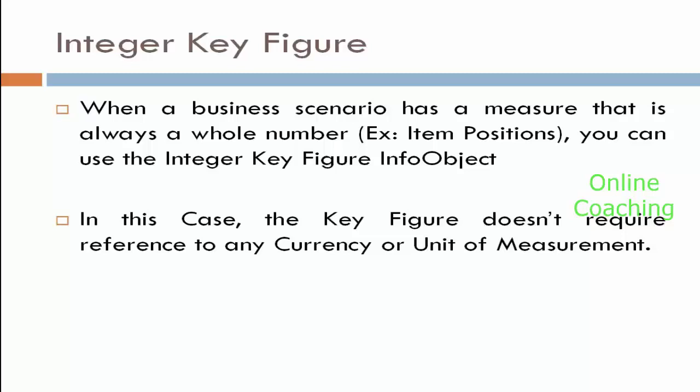But numbers don't have to be whole numbers. If you take a bank interest rate, it will be 7.5%. It is not a round figure, not a whole number. But if you have figures with whole-number values, I need to go for an integer key figure. In this case, the key figure doesn't require reference to any currency or unit of measurement, because stock does not fall under unit of currency or unit of measurement.